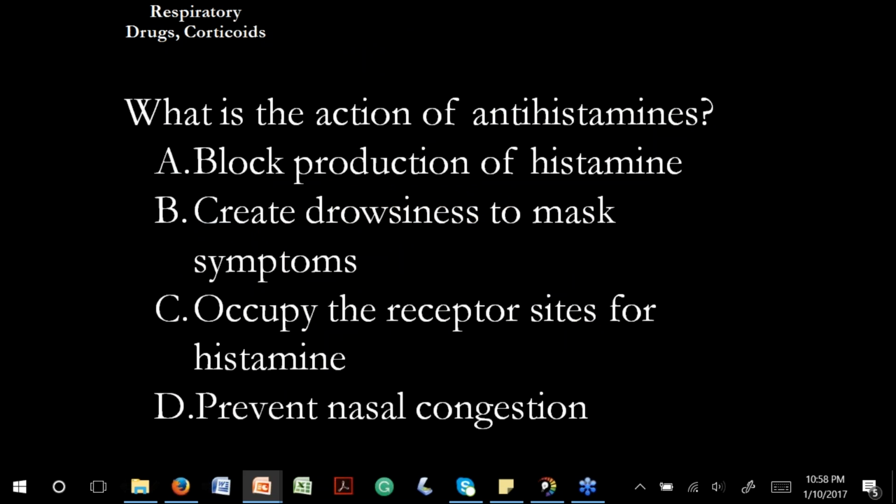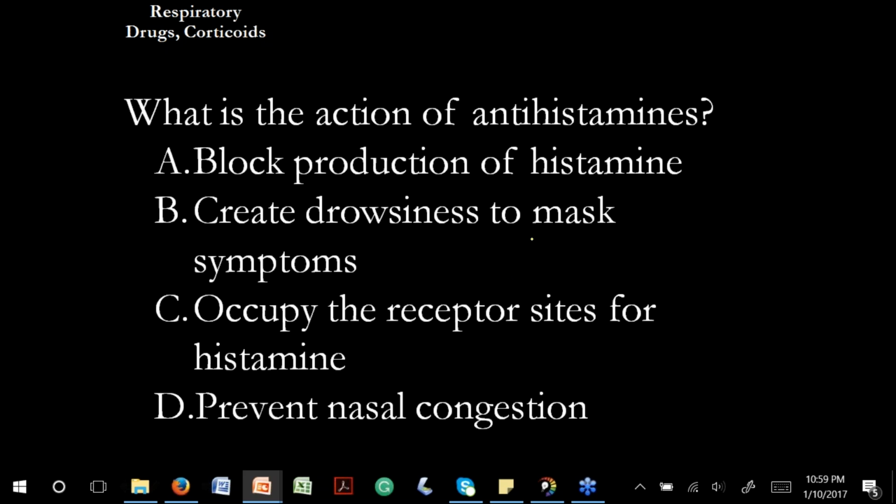Okay, so what is the action of the antihistaminics? Block production of histamine, create drowsiness to mask symptoms, occupy the receptor sites of histamine, prevent nasal congestion. What is the best answer here? So the best answer here is that it's going to block the production of histamine. Okay, block the production of histamine.